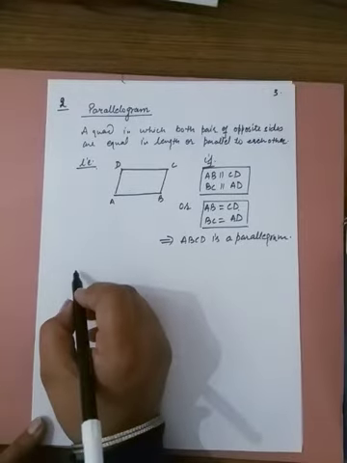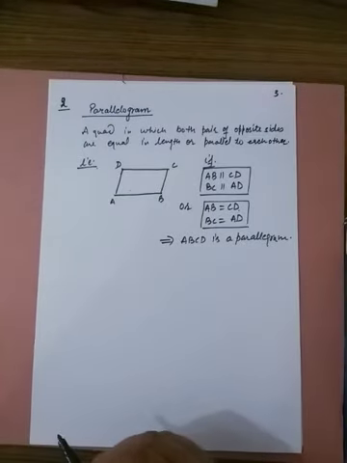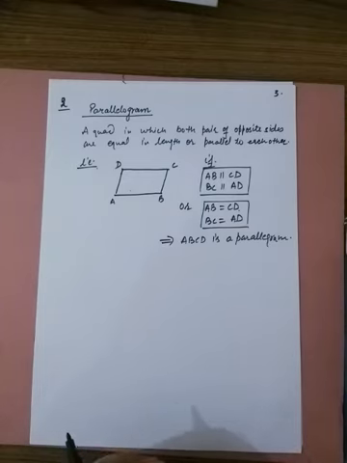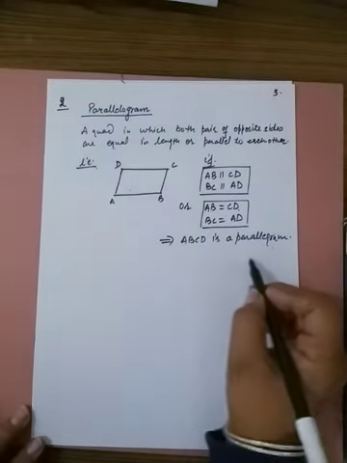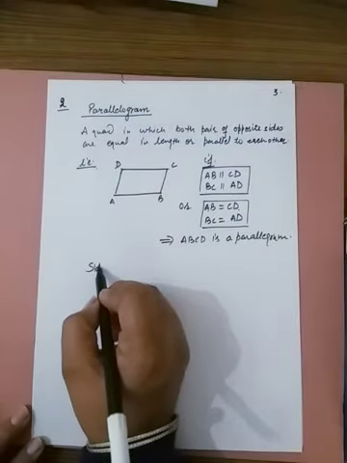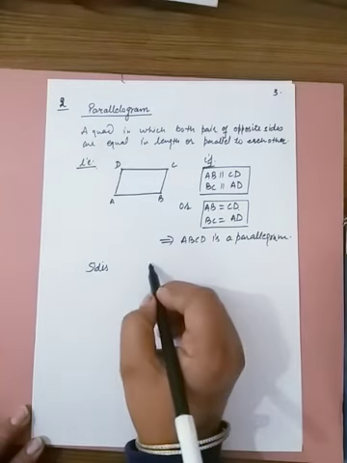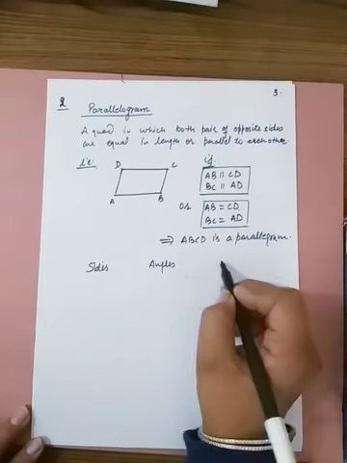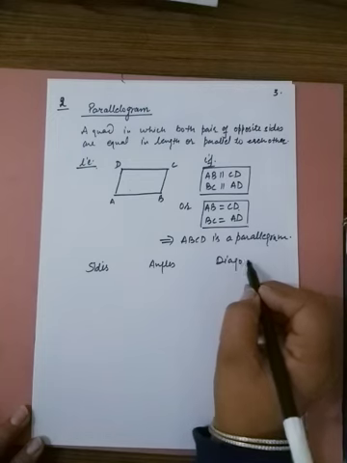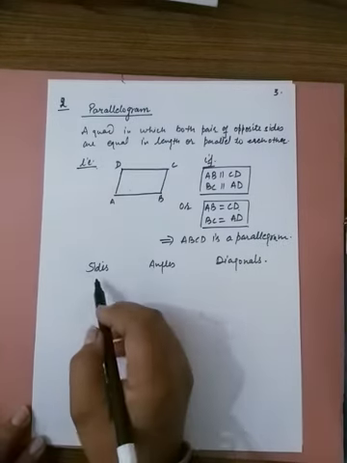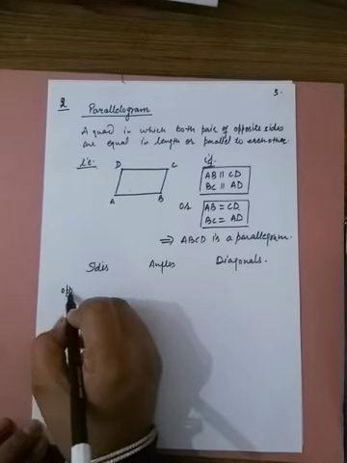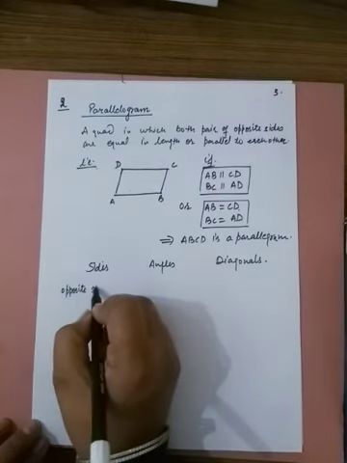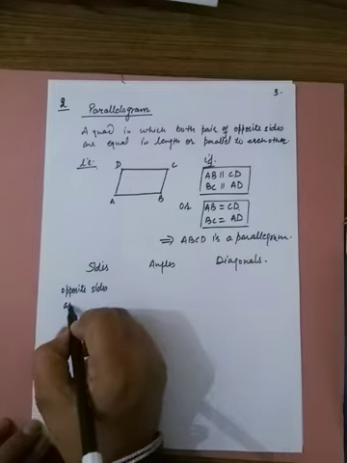Now properties of a quadrilateral. Whenever students you are going to write the properties of a quadrilateral, always remember you have to describe the three things, or you can say you have to tell about its sides, angles and diagonals. So what can we say about the sides of a parallelogram? Opposite sides are equal.